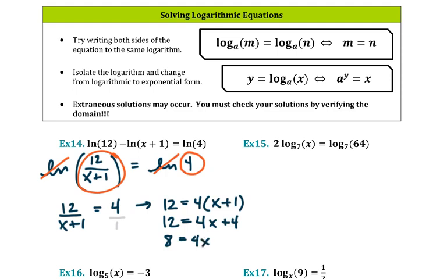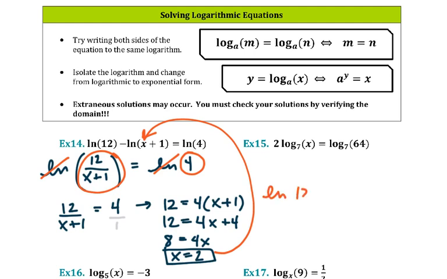And dividing on both sides by 4 will give you that x equals 2. So you just want to make sure that answer checks. If I plug it in at the top, I would get the natural log of 12 minus the natural log of 2 plus 1, which is 3, equals the natural log of 4. And 12 over 3 equals 4, so this will check.